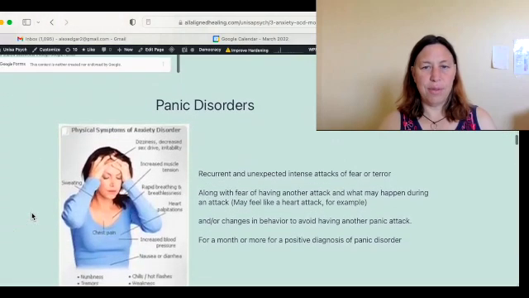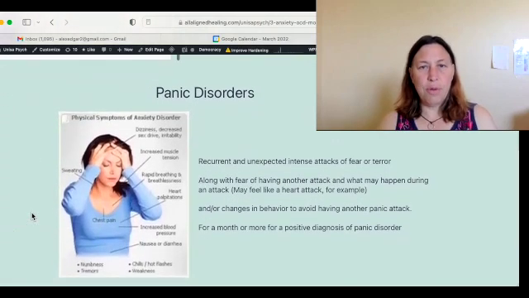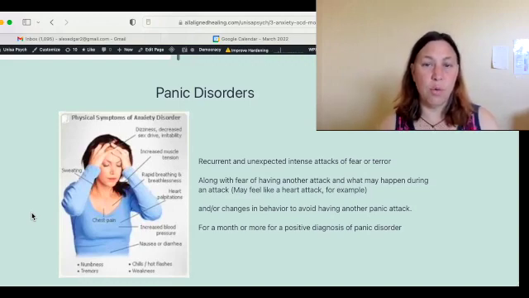Panic disorders. Panic disorders can feel utterly terrifying. They're very strong sensations, and they send a lot of people to the emergency room of hospitals believing they're having a heart attack or they're going to die. Panic attacks are recurrent and unexpected attacks of fear or terror.